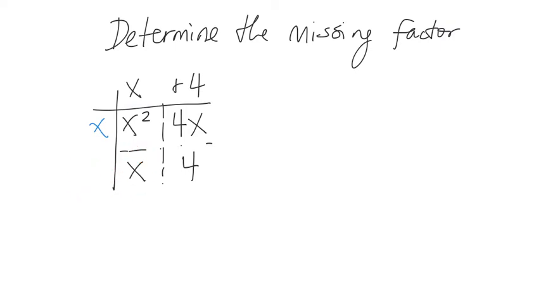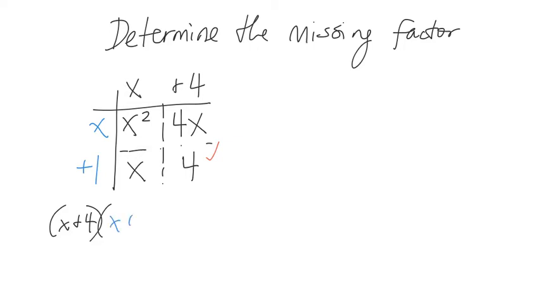Well, that has to be 1, because 1 times x is just x. So we show that as a plus 1, because it's positive. As a final check, 1 times 4 is indeed 4, so I know this is correct. My factors in this case are x plus 4, the one I started with, and the one I just determined, x plus 1.